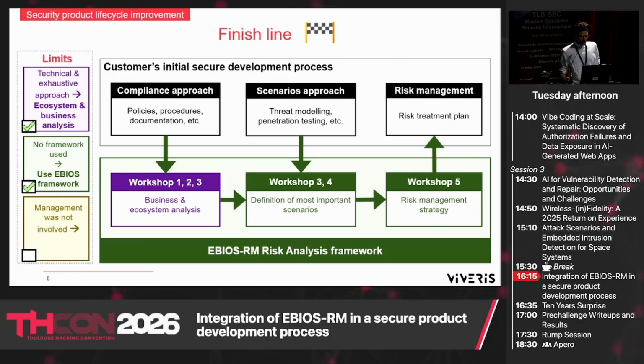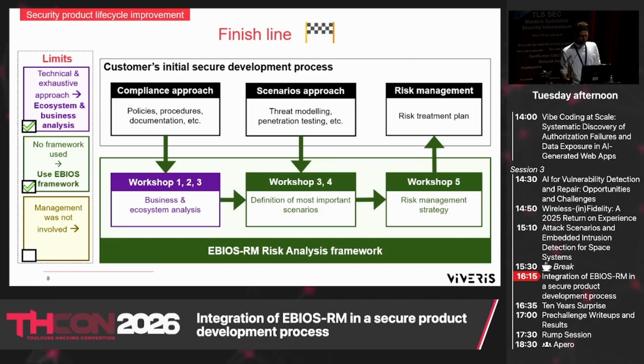Okay, we have some differences. For example, some requirements given by some guidance. And for example, we have threat modeling for special products. And also the documentation is usually not the same as for an information system.